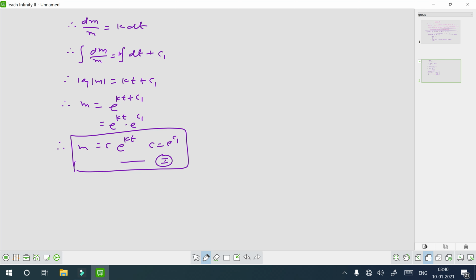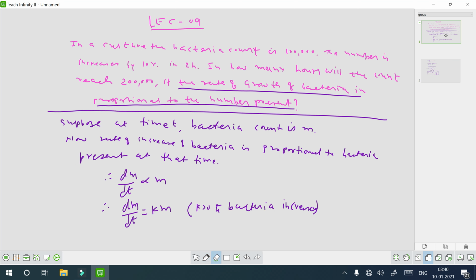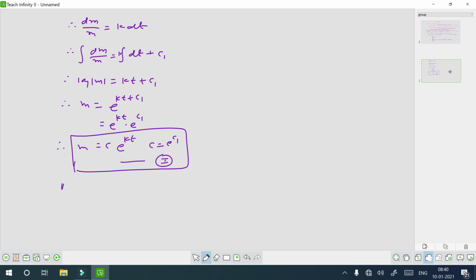Now it is given that initially in a culture of bacteria count is 1 lakh. That means at time t equal to 0, n is equal to 1 lakh.